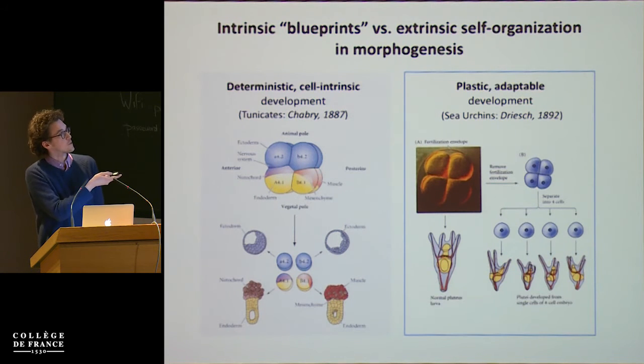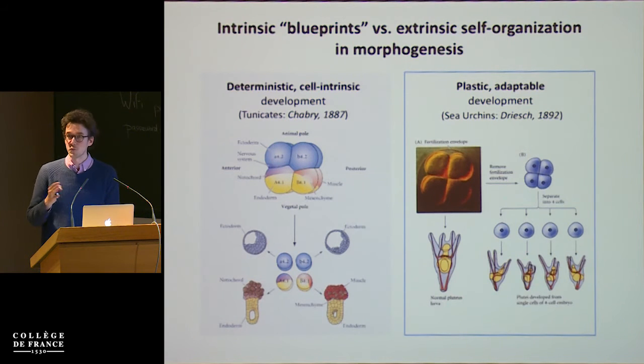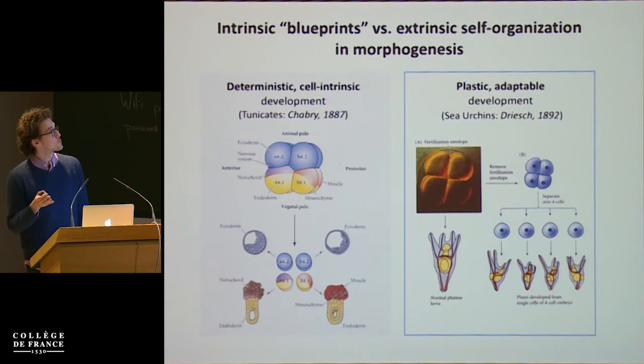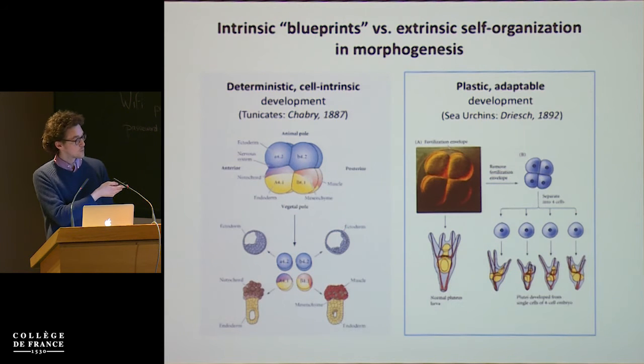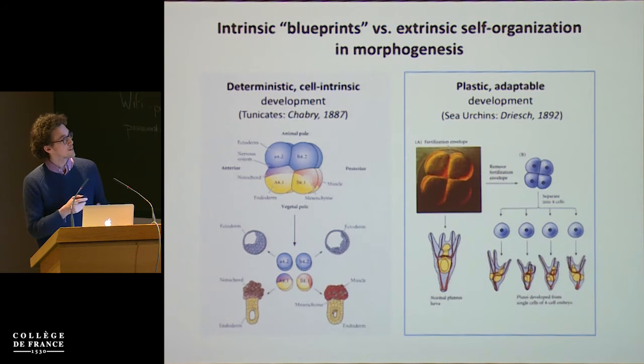Whereas if you do a very similar experiment in other organisms, each cell is somehow going to know that it doesn't have the proper neighbors anymore, is going to react to this, and is going to do morphogenesis in a much more plastic, adaptable, self-organized way. And of course, this is probably what has attracted the most attention from theorists as an example of self-organized development.